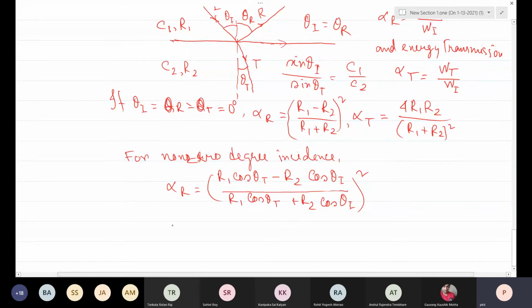Sir, first we are defining alpha R equal to this in terms of W, which is intensity of sound. Yeah. And then we are also defining it only in terms of R. What is R? Sir, R is the characteristic of the medium, not the sound.